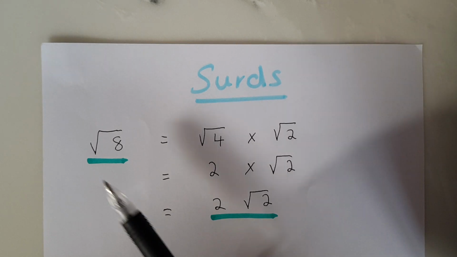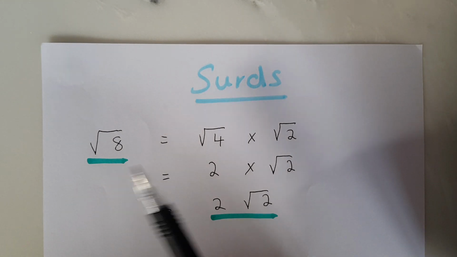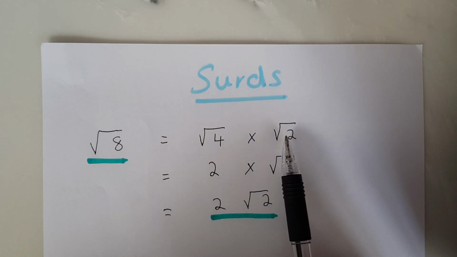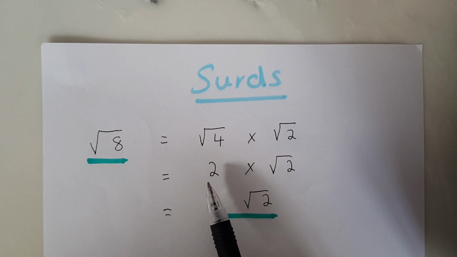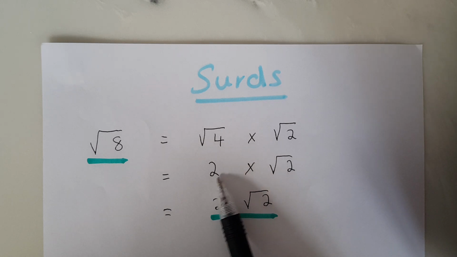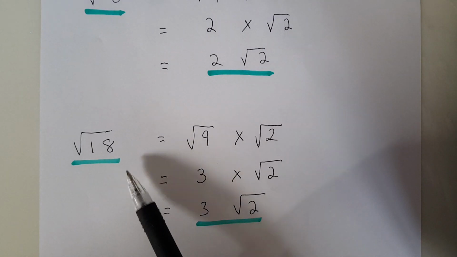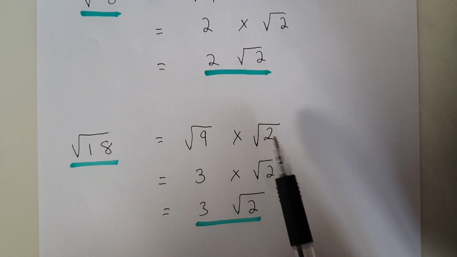So if we recap: square root of 8 is definitely a surd. No two numbers the same will make 8, but we can make two different numbers to make 8: square root of 4 and square root of 2, and luckily you can square root 4 to get 2. You can't do that with the 2. Second one, square root of 18: two numbers to make 18, 9 times 2, square root each.